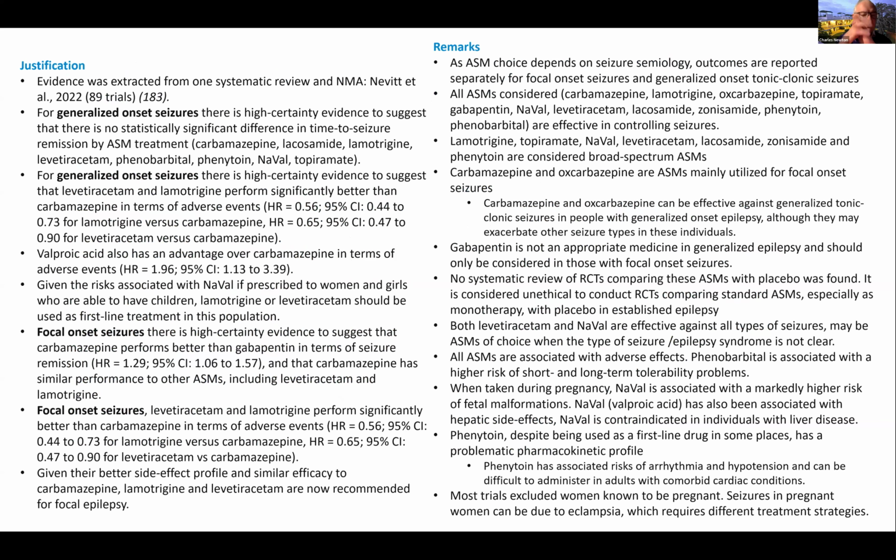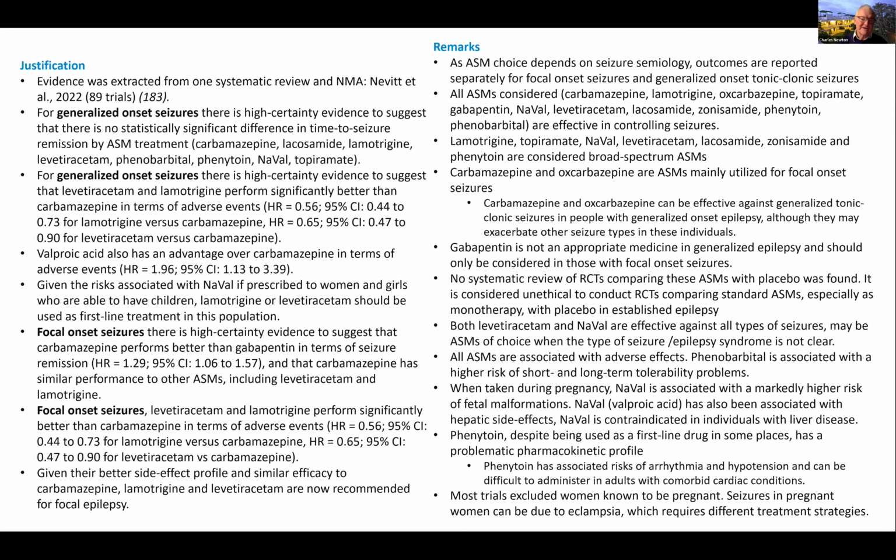So there are a number of justifications, and these are outlined in this slide. There's quite compelling evidence for the monotherapy recommendations, particularly for levetiracetam and lamotrigine, which perform better than carbamazepine in generalized seizures, as does sodium valproate.